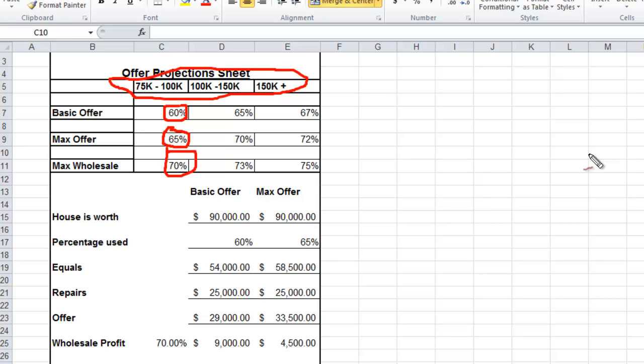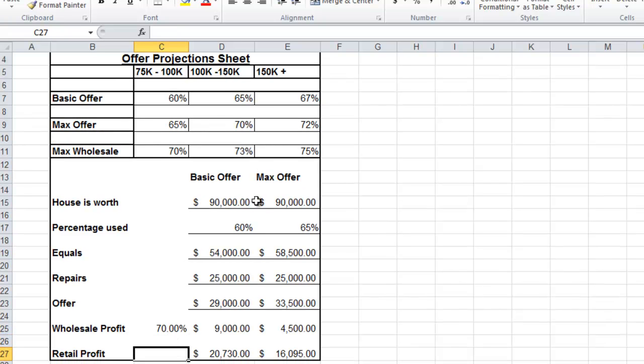The way that looks is depicted here: basic offer on this house 29, max offer 33.5. Most you can wholesale it for is 70%. So what you're looking at is a way to calculate based off the ARV, and you plug these numbers into these cells.